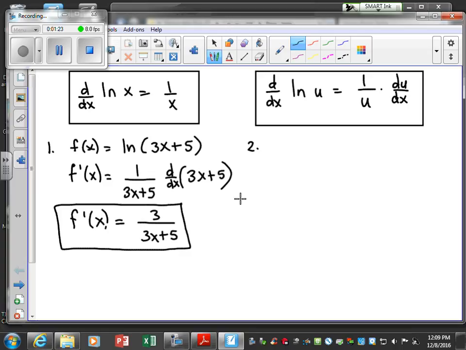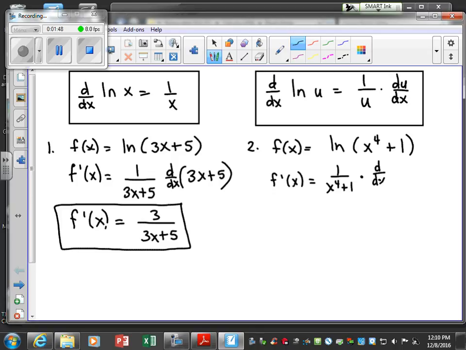All right, let's look at our second one. f of x is going to be the natural log of x to the 4th plus 1. Clearly, we're not in our base case over here, so we're going to do this. So we'll have f prime of x, 1 over u times the derivative of u, du dx over here.